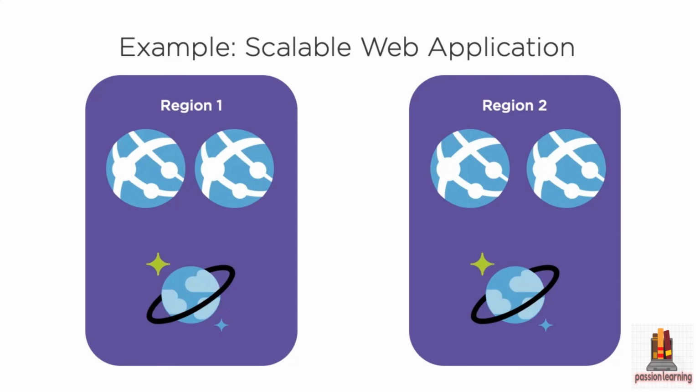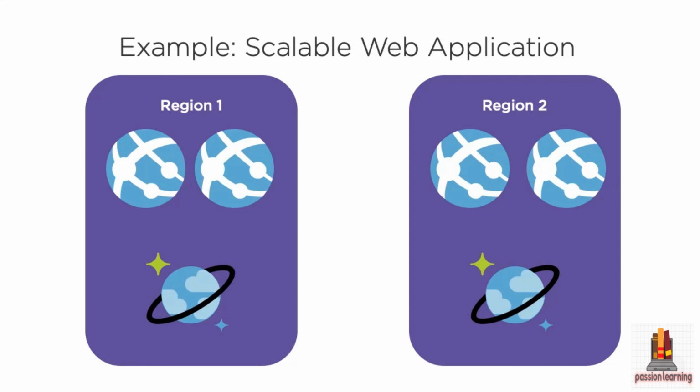And finally, an example for a web application. Maybe you want to have a scalable global web application that's available in a variety of regions. So you could have a region 1, maybe in North America, that has 2 instances of your web application and a Cosmos DB database.